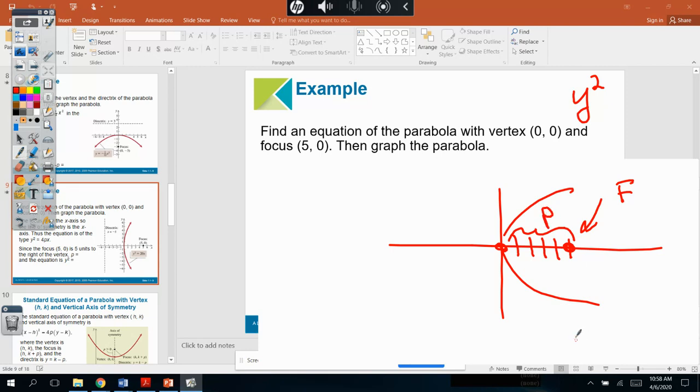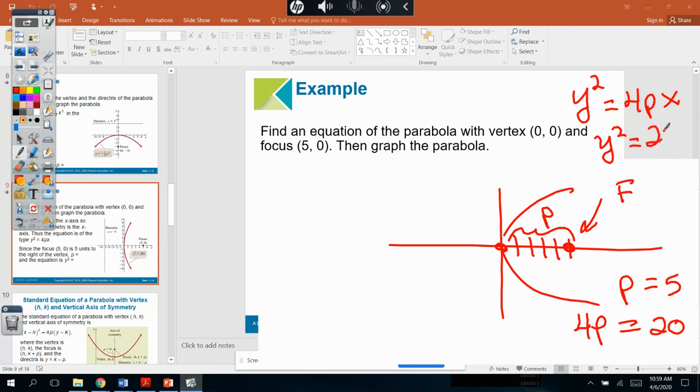Remember, that's P away. So we also know that P is 5. Since P is 5, 4P is 20. Y is squared, so it's going to be y squared equals 20x. And I could even tell you where the directrix is, because that's going to be 5 away in the other direction. That's x equals -5.